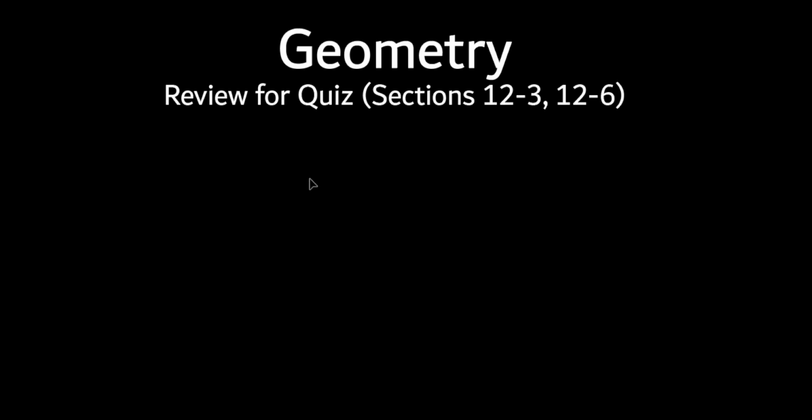All right, here we go. What I'm going to do, I'll just go question by question. So number one on the quiz, if you look at section 12.3, there are several problems where you have to find the area of a triangle. There were a couple of formulas that we learned.